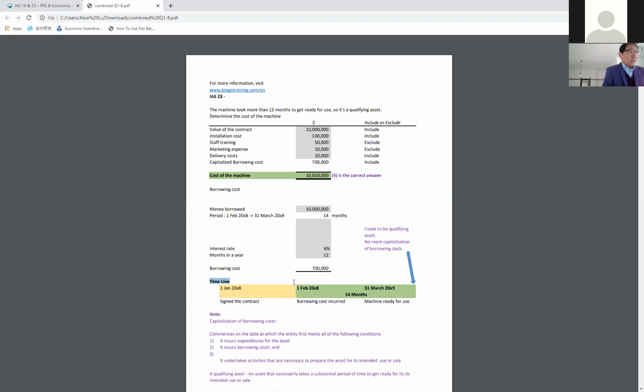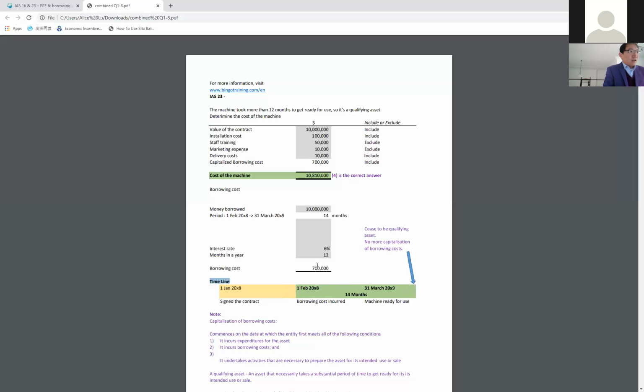And so in this particular case, we've got borrowing costs that have spanned a period of 14 months. If you think about the 1st of February x8 towards the 31st of March x9, you can see that this period is of 14-month duration.